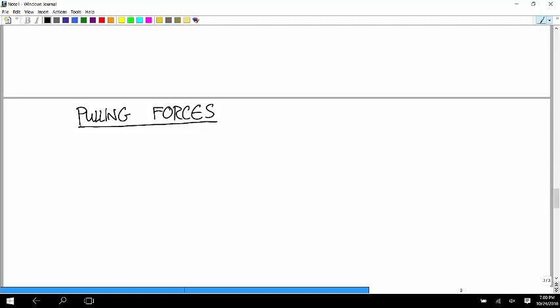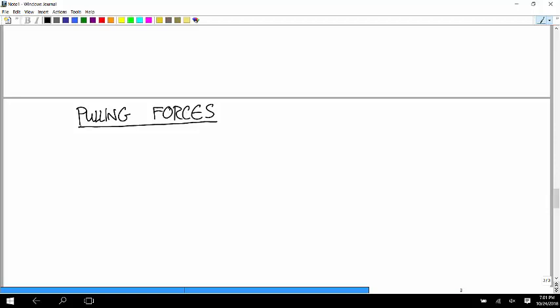A pulling force is one where you could imagine separating the objects a little bit and replacing that contact with a little bit of a cable or a string. If the string stays tight and you can still apply the force with that string, then it's a pulling force. So we're going to think of pulling forces as if there are cables there, even if there's not.